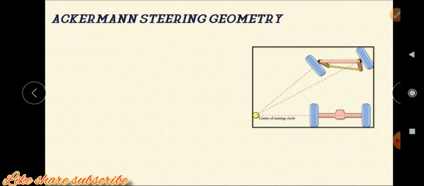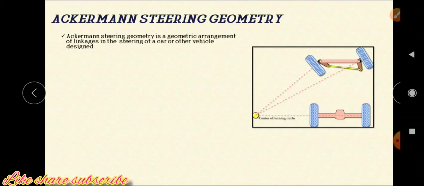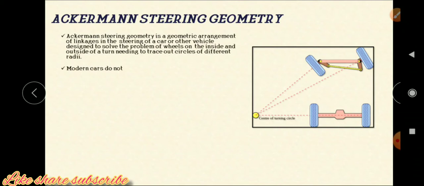Next steering geometry is the Ackermann steering geometry. The Ackermann steering geometry is the geometric arrangement of linkages in the steering of a car or other vehicle, designed to solve the problem of the wheels on the inside and the outside of a turn needing to trace out circles of different radii.